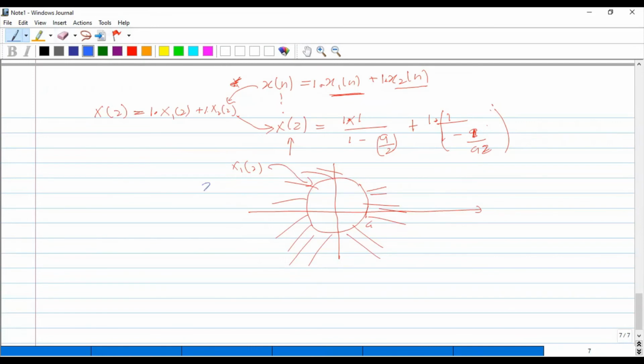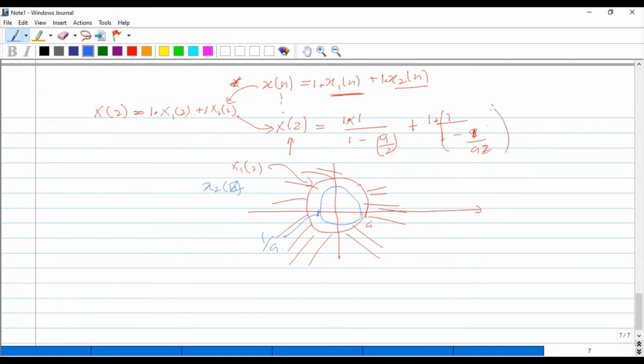If I draw X2, in X2(z) the ROC should be 1 by a. So it may be like this. So it is 1 by a.